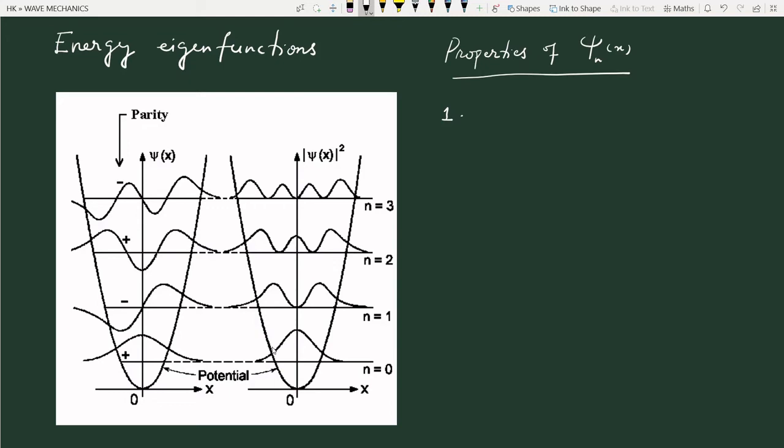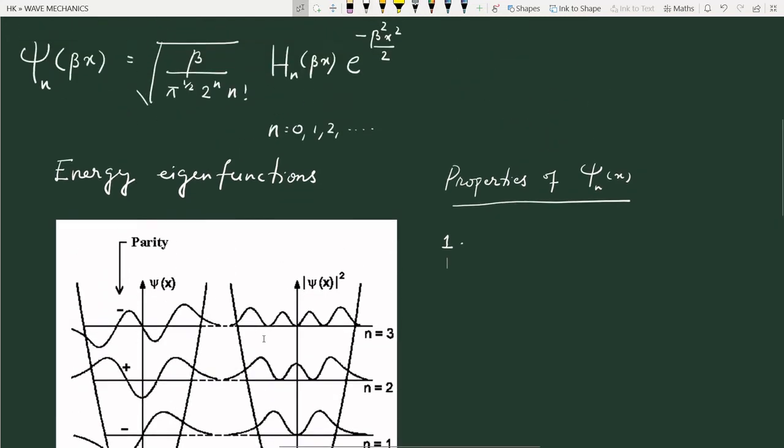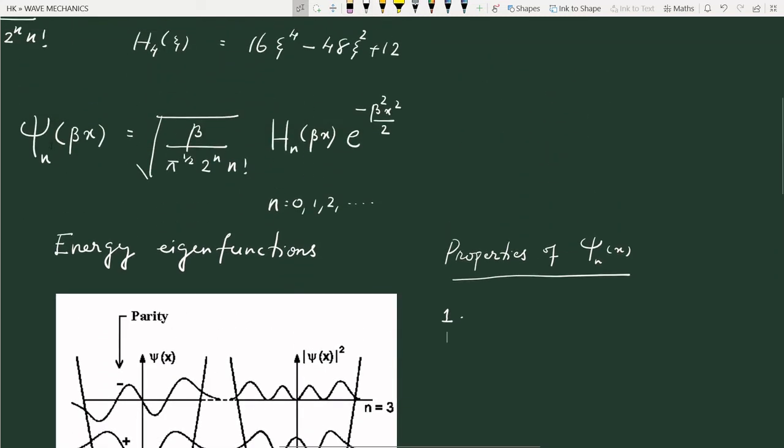Let us see the expression for the ground state wave function. So this is the general expression: psi n of beta x is some normalization constant, into H n of beta x, which is the Hermite polynomial, e raised to minus beta square x square by 2.